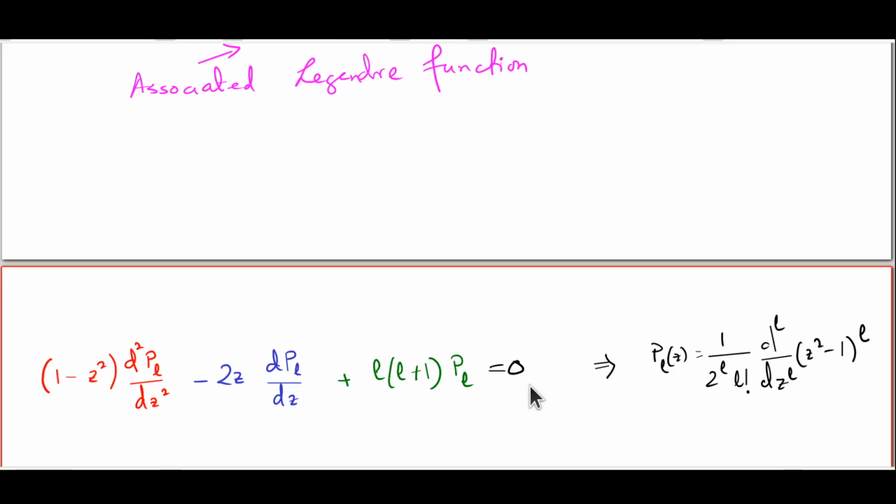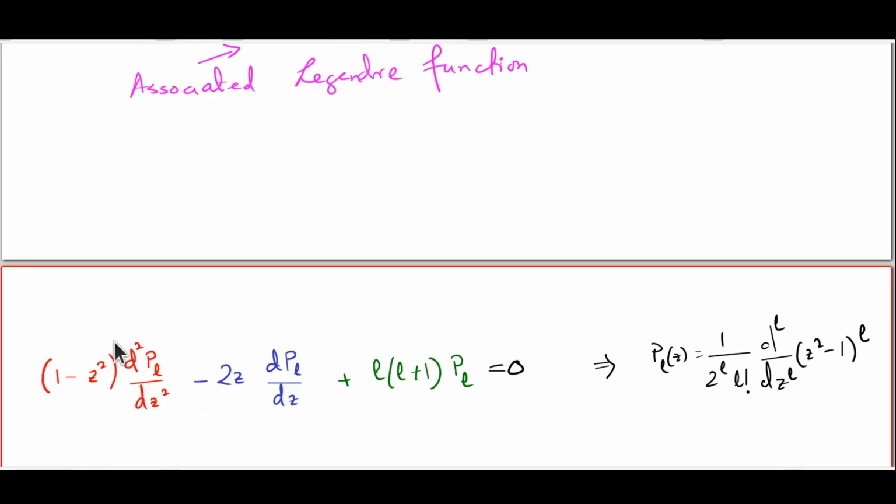And here we make use of Leibniz rule for successive differentiation. For example, when we differentiate this product here, we have one term in which we don't differentiate this at all, differentiate this term |m| times, another term in which we take |m| C 1, the combination factor, the same factor that you have in the binomial theorem, differentiate this once to get minus 2z, and differentiate this |m| minus 1 times, and one more term where you put in |m| C 2 as a factor overall, differentiate this twice, differentiate this |m| minus 2 times.